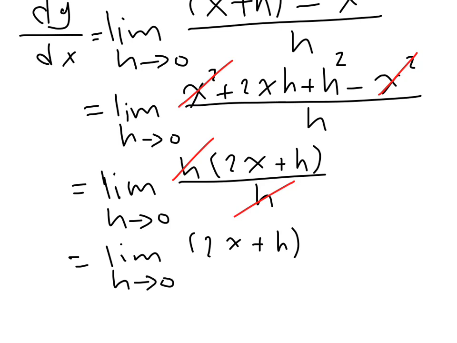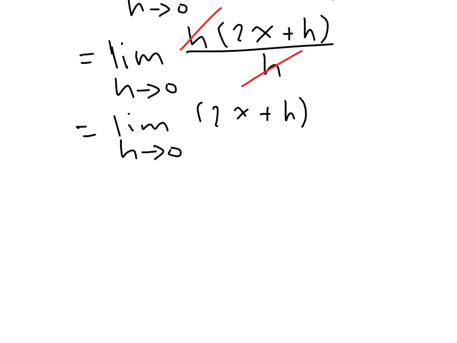Good. Now it's time to substitute h equals 0, and remember please that you always need to write the limit when h approaches 0 until you reach the stage where you can safely substitute h equals 0, which we now have.